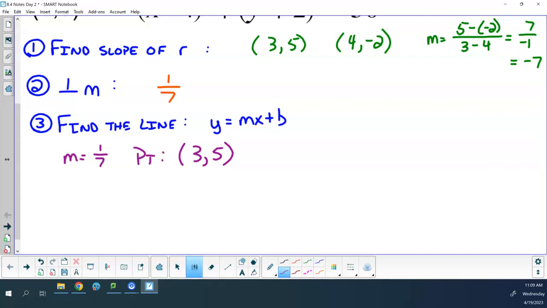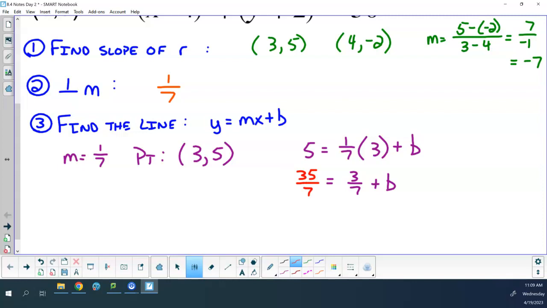If I do that, then y is 5, m is 1/7, x is 3, and I am finding the b value. 3 times 1/7 is 3/7, but I'm going to change 5 into 35/7.